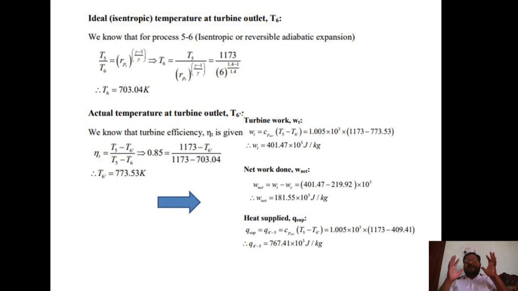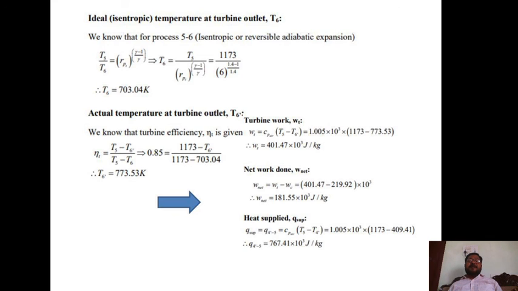That becomes the total absorption of the compressor. Total work developed by the turbine minus the work absorbed by the compressor gives the net work output. Okay, net work output, that is 181.55 kilojoules per kg.